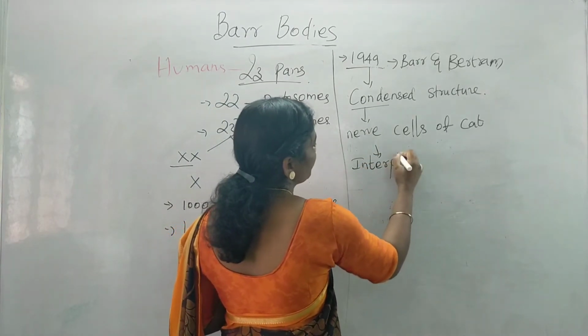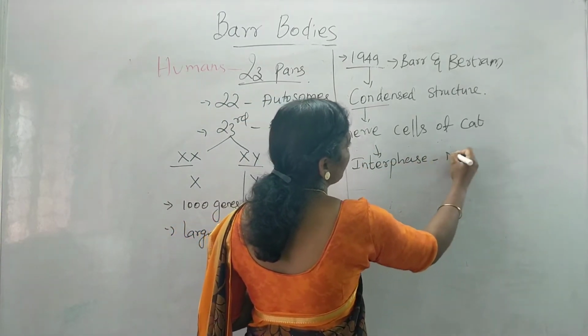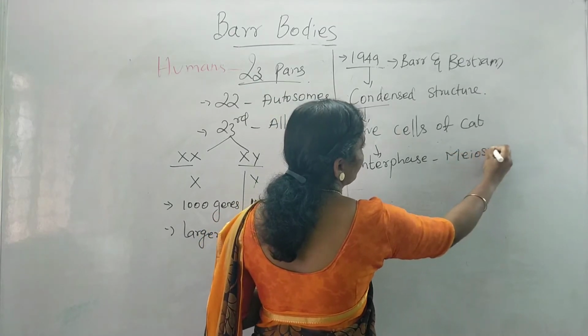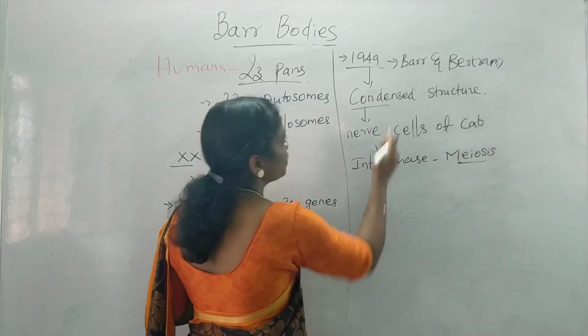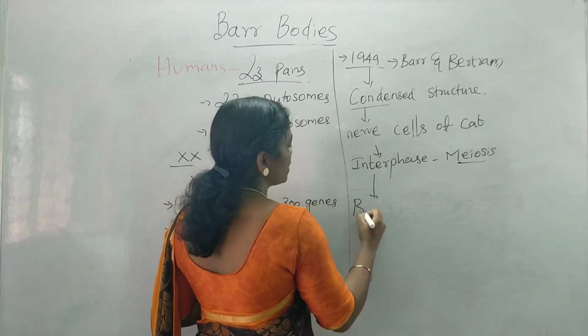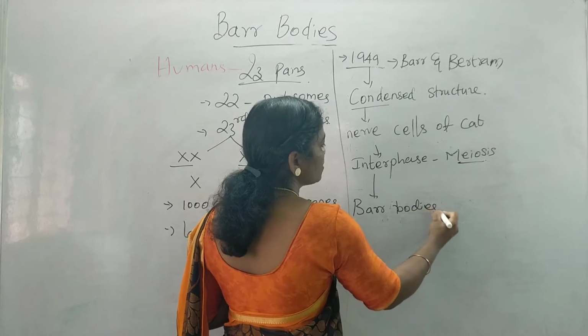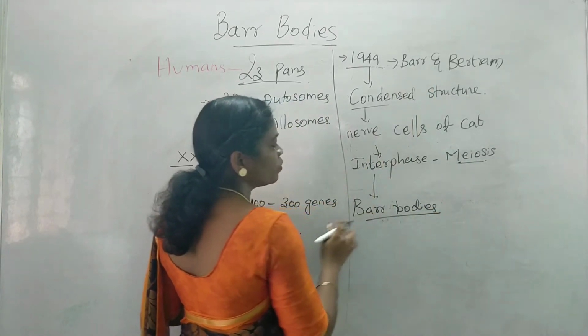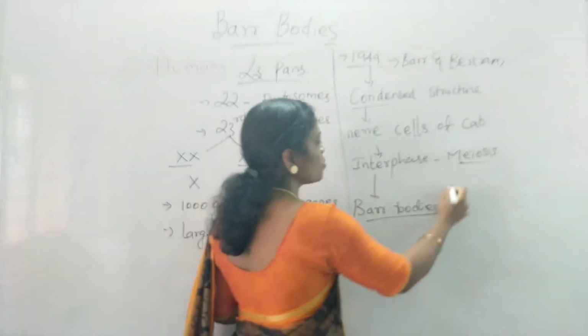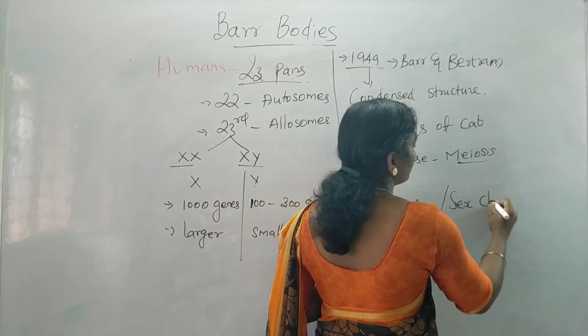They named this condensed structure Barr bodies, in remembrance of the scientist who discovered the structure. It is also known as sex chromatin.